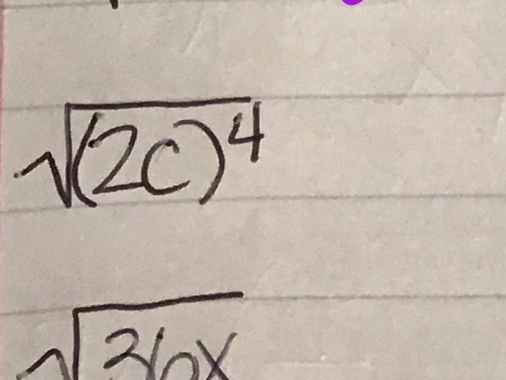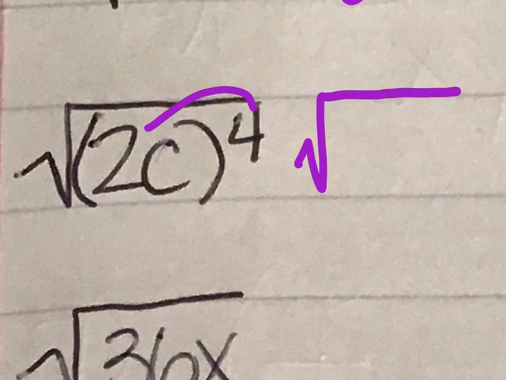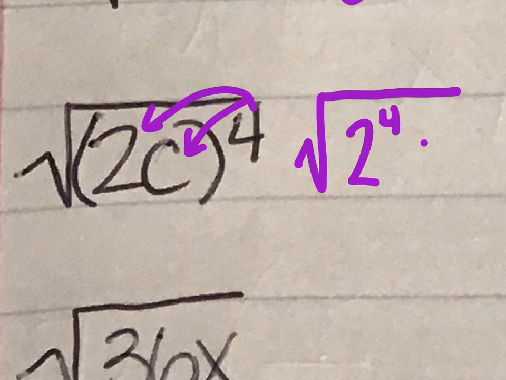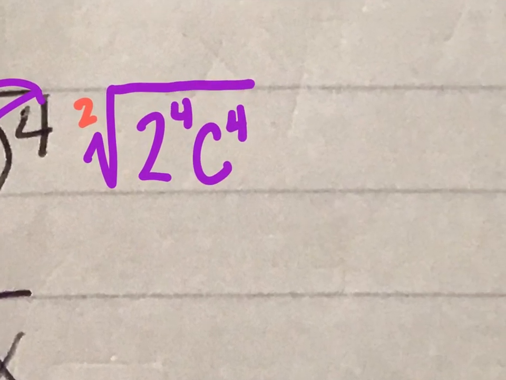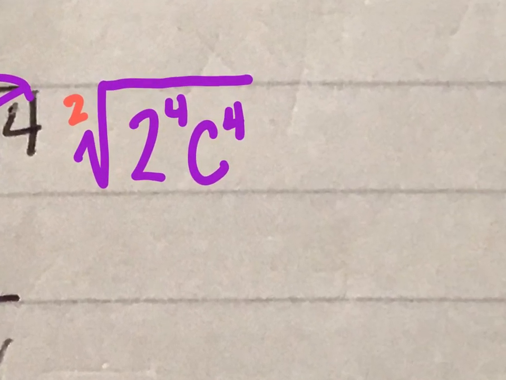Okay. I'm going to distribute that 4 to what's underneath. So I get 2 to the 4th, c to the 4th. Now, because there's no number for our root, we assume a 2. I'm going to try and simplify these as much as possible prior to putting into rational exponential form.